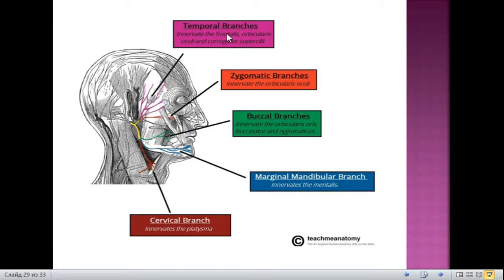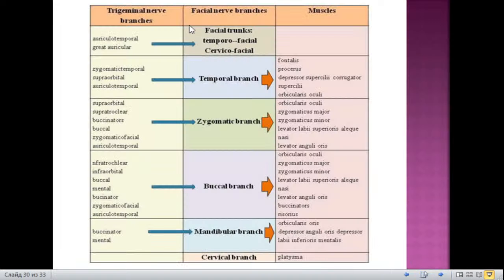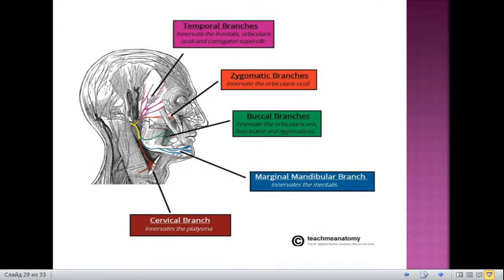So it gives the next branches: temporal, zygomatic, buccal, marginal mandibular, and cervical. Now, you may try to remember exactly what muscles are supplied by each of these branches, but it is easy to remember with the help of a simple rule. Look here, temporal branches supply all of the muscles from the forehead up to the eye.